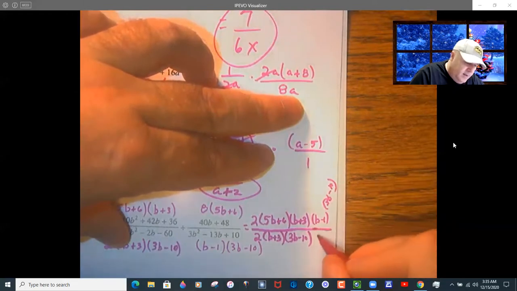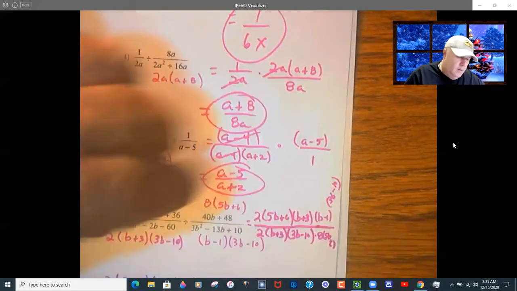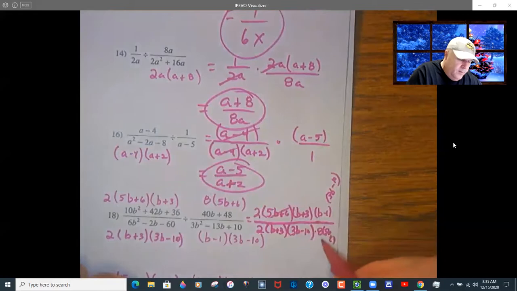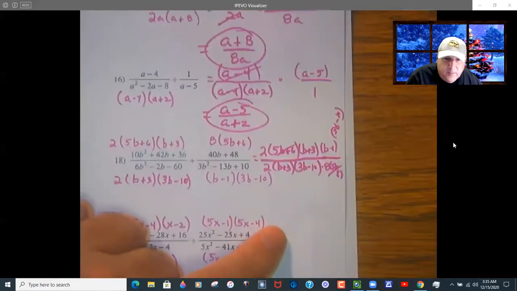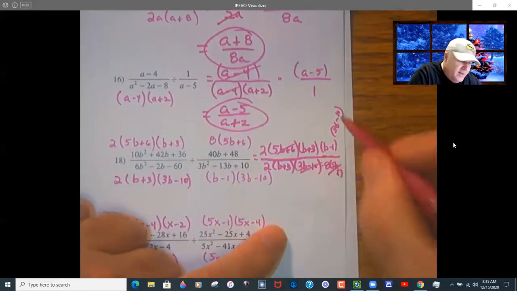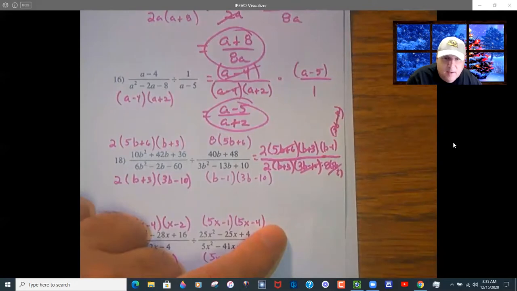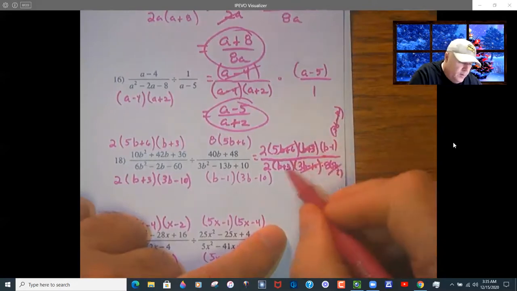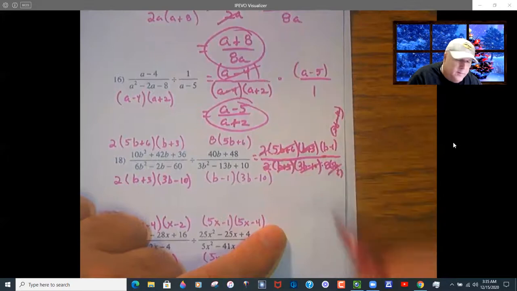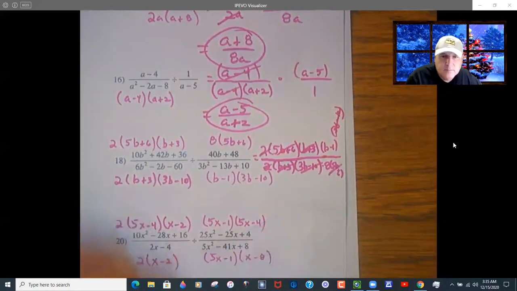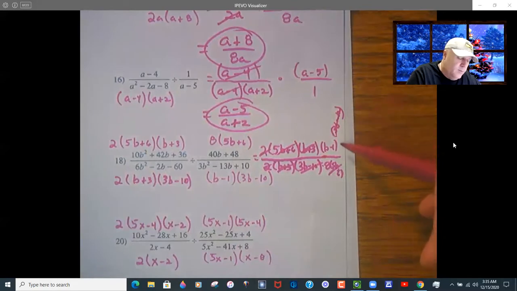And then on the bottom, 8 times b, 5b plus 6. So 5b plus 6 with that 5b plus 6. This 3b minus 10 with that 3b minus 10. This b plus 3 with that b plus 3, that 2 with that 2. And you're left with just b minus 1 over this 8 here.